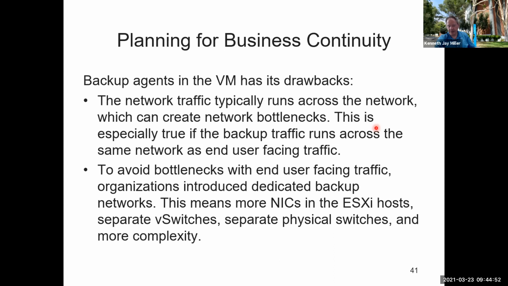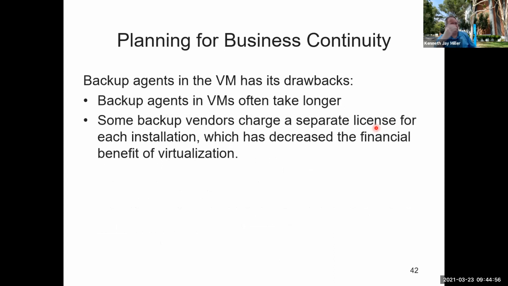And of course, you have to configure all that and buy all that extra equipment. Now, backing up a VM can often take longer. And some backup vendors charge a separate license for each installation, which decreases the financial benefit of virtualization, right?